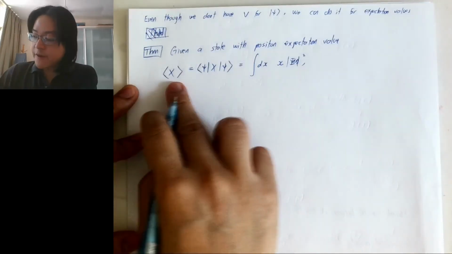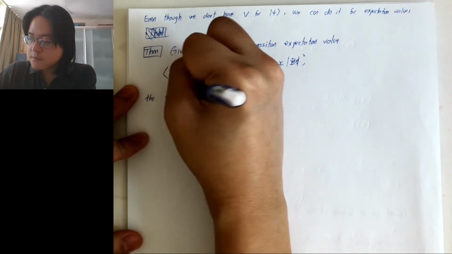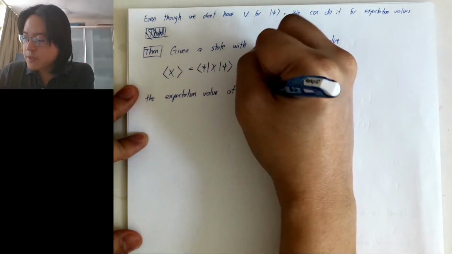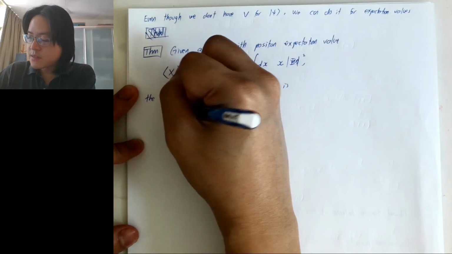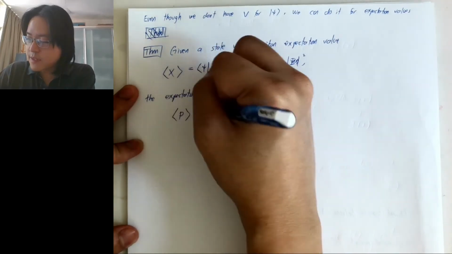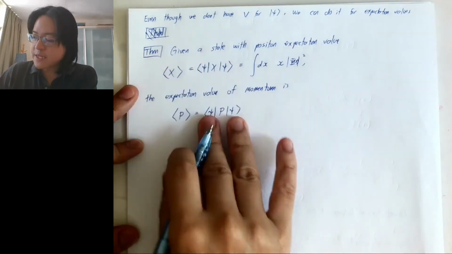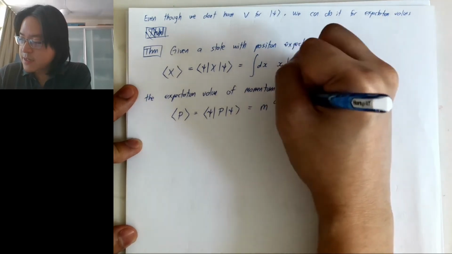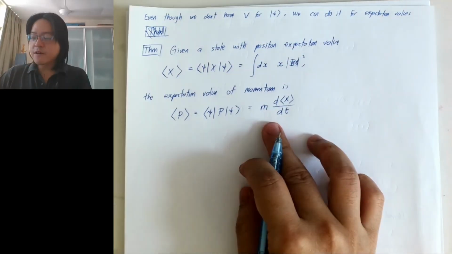Then if I know this, then the expectation value of momentum is calculated using this, right? Psi p, so it must be the same state, right? But we can prove that it is actually the derivative of the expectation value of the position.